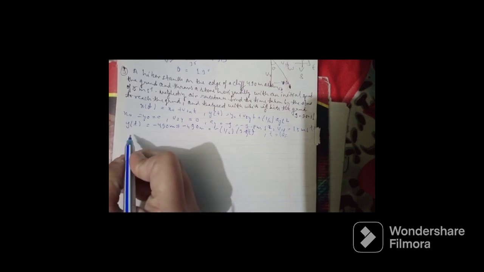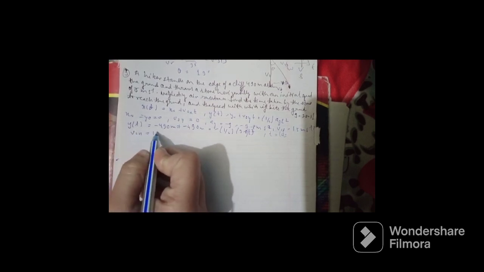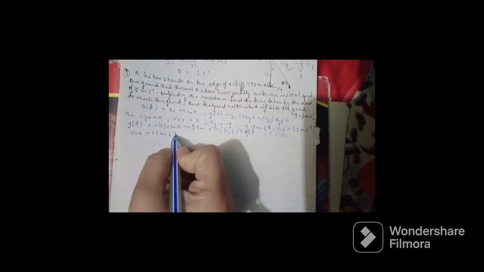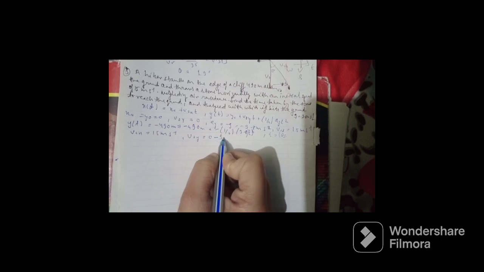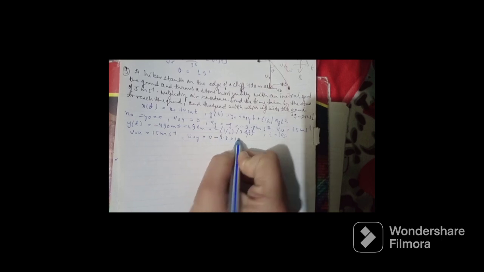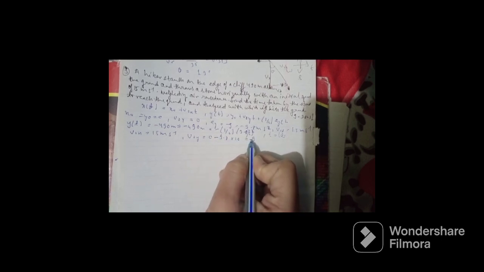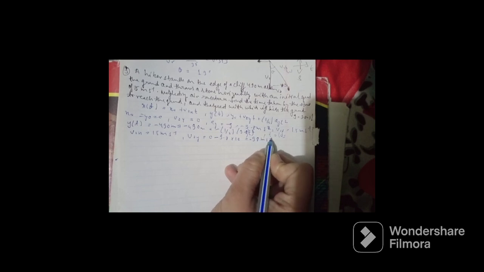When the stone hits the ground, v x equals 15 meters per second and v y equals 0 minus 9.8 into 10, which is minus 98 meters per second.